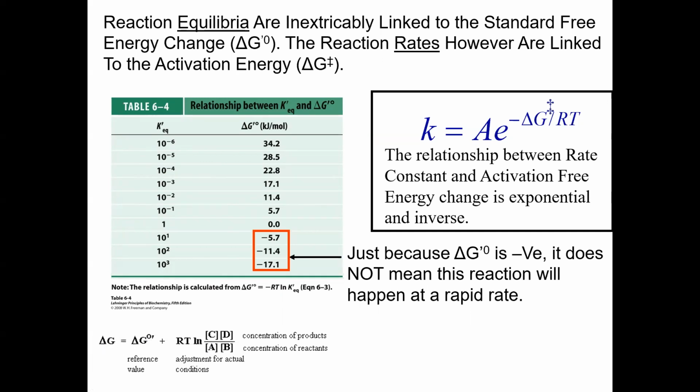This is very important to understand. Many times the first term, delta G naught, is positive, but as long as RT ln product by reactant is overall negative, more negative than delta G naught, your actual free energy will become net negative, and therefore the reaction will proceed.